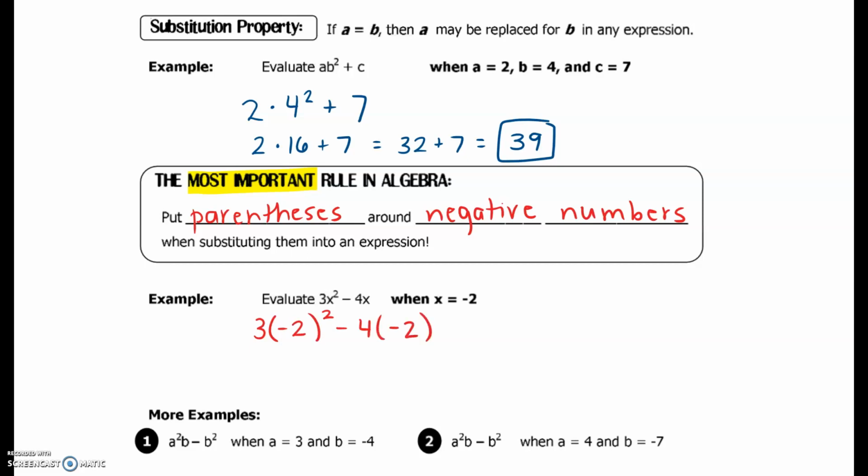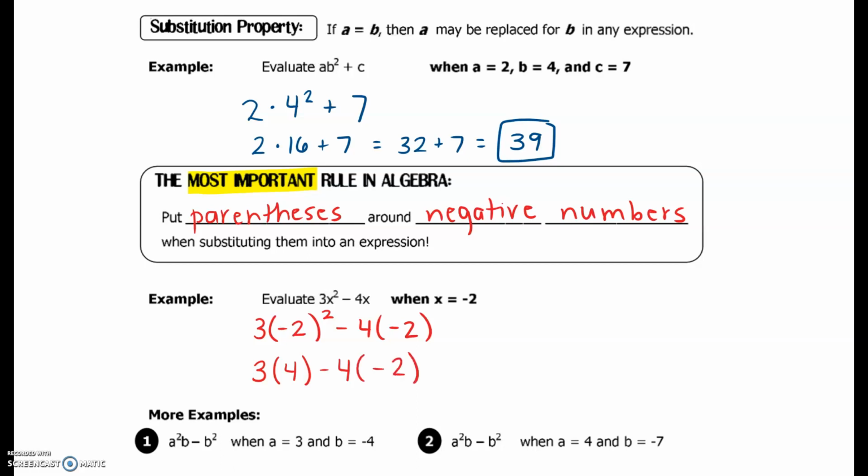Now, if you're utilizing the calculator for any of these, you have to remember you type it in exactly as it is written. This is really negative 2 times negative 2 when you are squaring it. Two negatives are equal to a positive, so 3 times 4 minus 4 times negative 2.